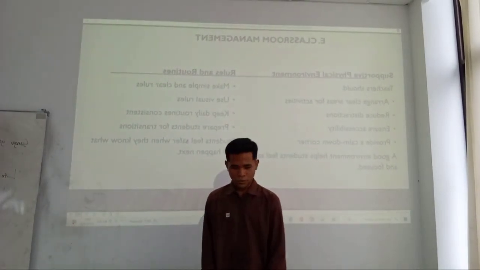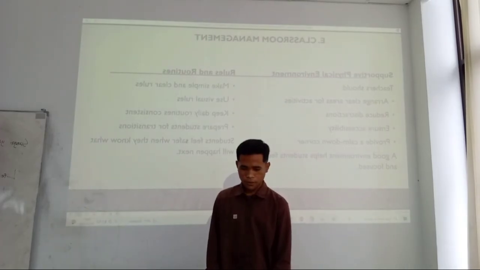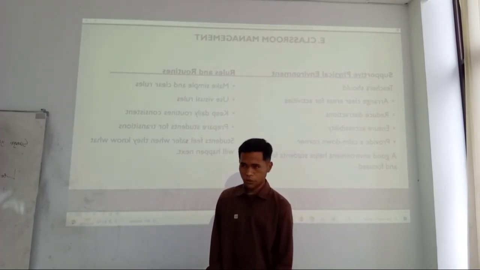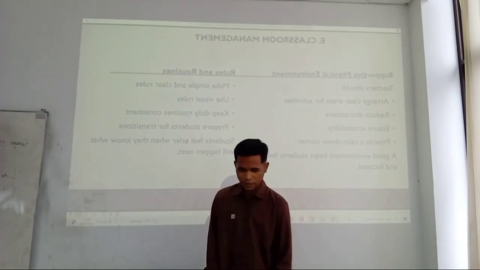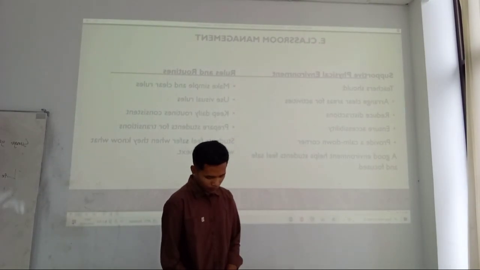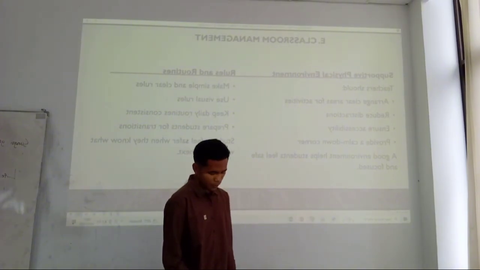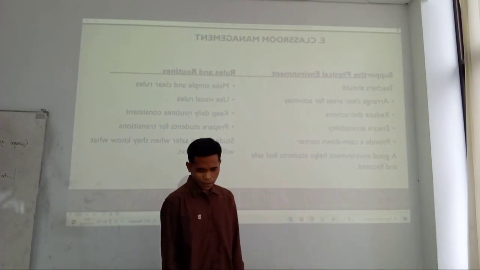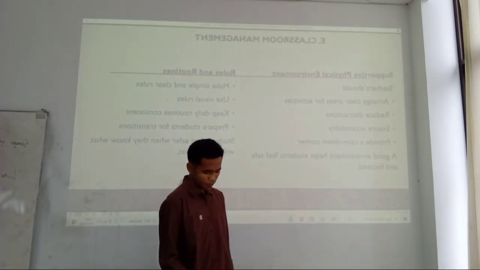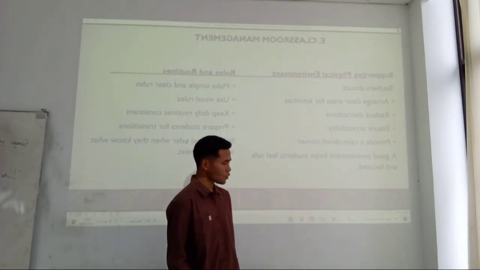Okay, we move to classroom management. The first one, supportive physical environment. Teachers should arrange clear areas for activities. Make specific places for different tasks. Reduce distractions. Remove things that make students lose focus.